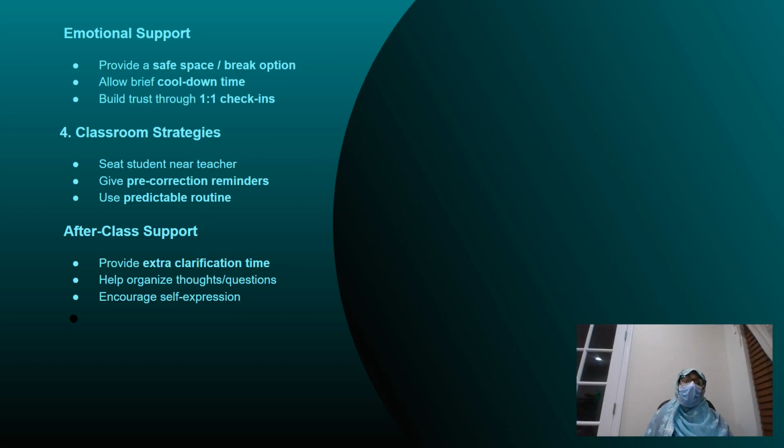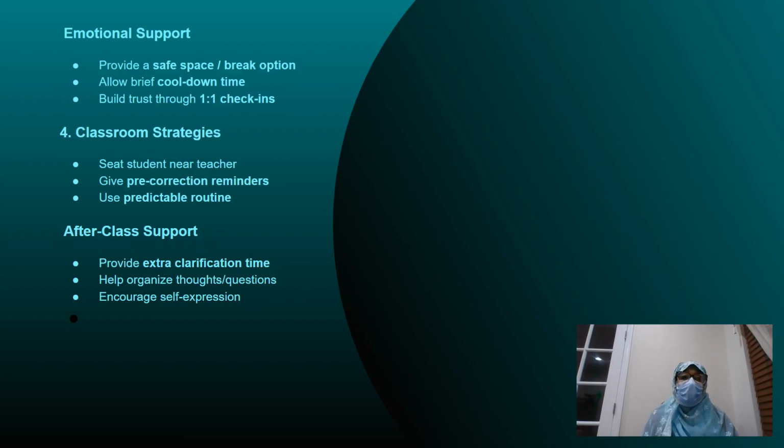Emotional support: provide a safe space, break option, allow brief cool down time, build trust through one-on-one check-ins. And classroom strategies: seat the student near the teacher, give pre-correction reminders, use predictable routines.